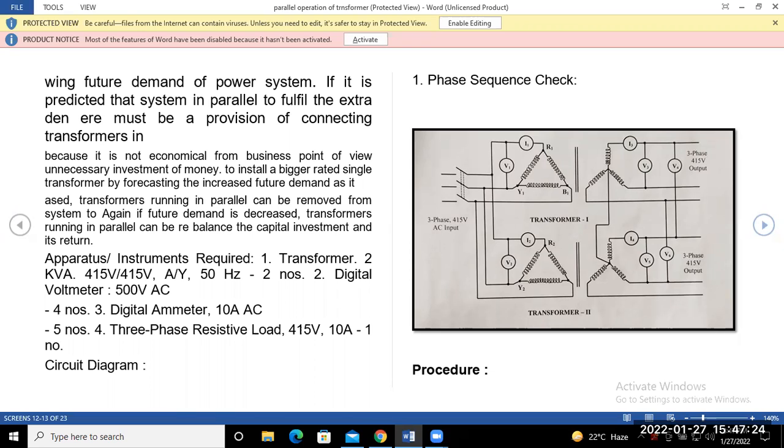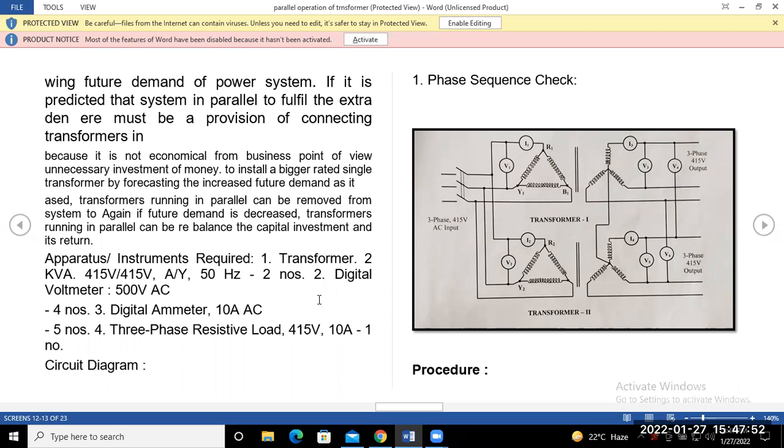So this is the connection diagram of the two transformers connected in parallel. That means transformer 1 and 2, their kVA rating may be 2 kVA. We just consider transformer 1 and transformer 2 kVA rating is 2 kVA, and voltage you may consider 415 to 415 volt, and 50 Hz frequency.